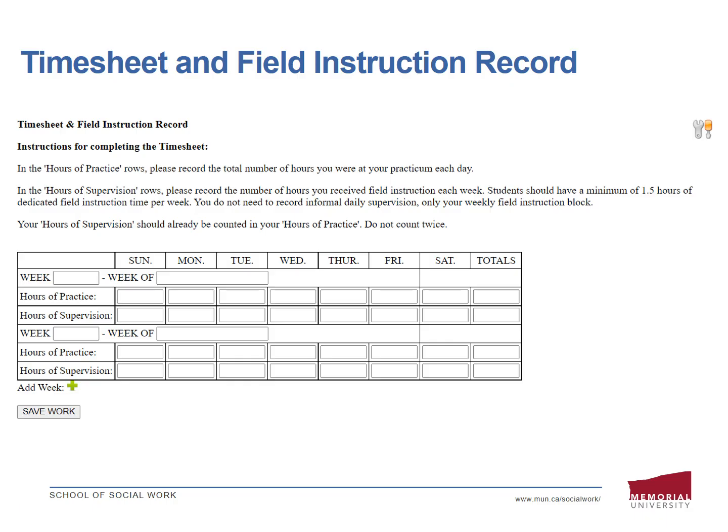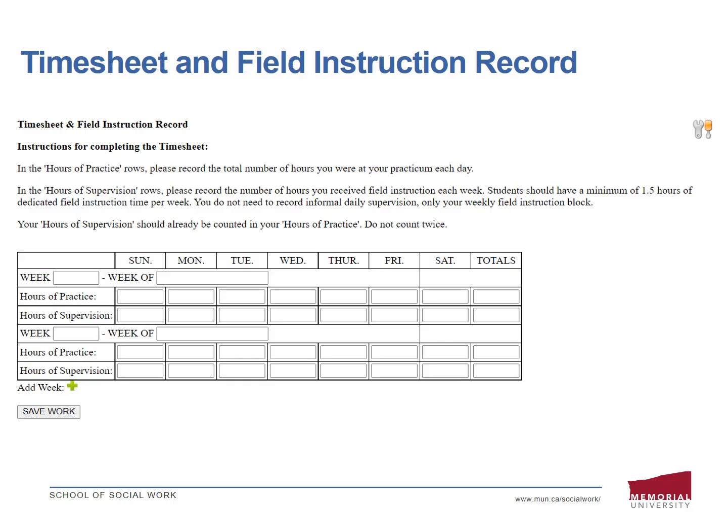As noted in IPT, in the hours of practice rows, please record the total number of hours students were at their practicum each day. In the hours of supervision rows, students record the number of hours they received field instruction each week. Students should have a minimum of 1 hour of dedicated field instruction time per week. Students do not need to record informal daily supervision, only the weekly field instruction block.